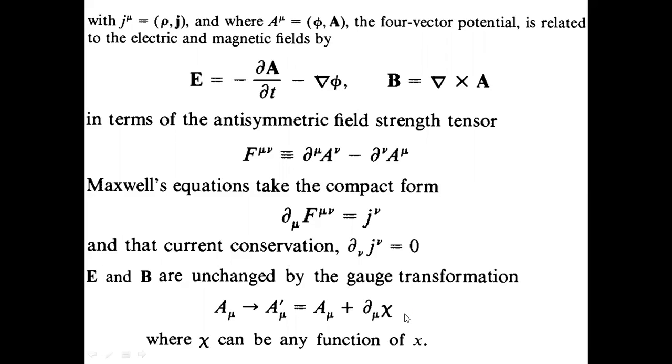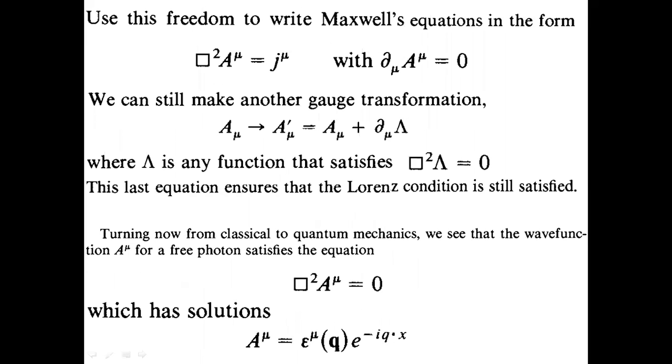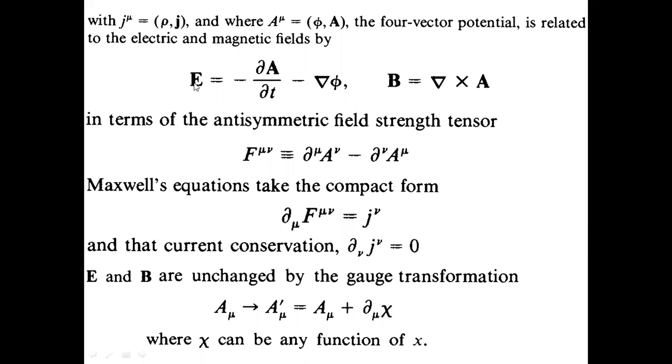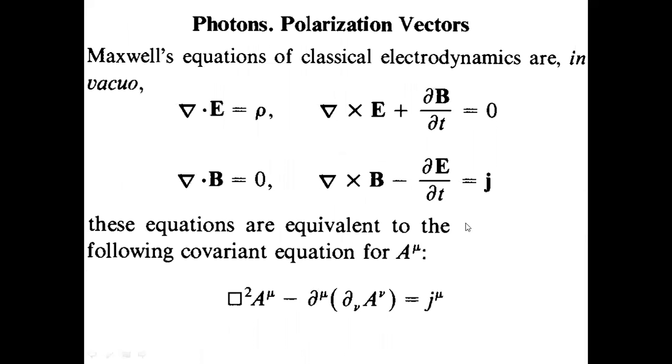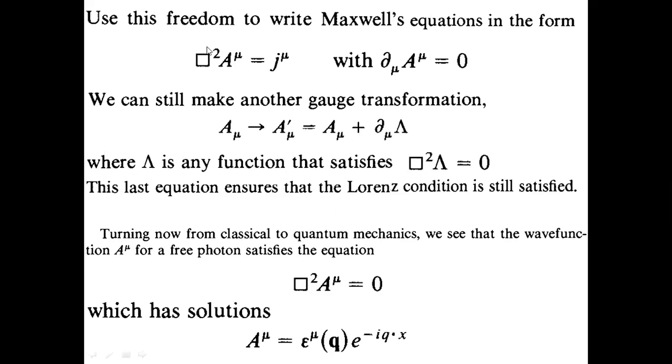Okay, so if we choose chi in such a way that del square chi is equal to the divergence of A, such that this equation holds, this is the Lorentz gauge condition. So we get a very simple equation. This equation is reduced to a very simple equation like this.